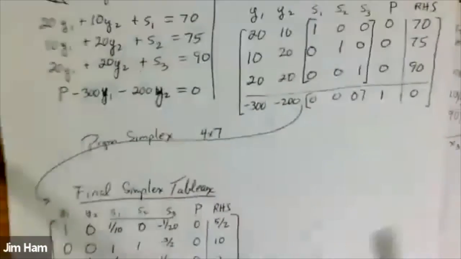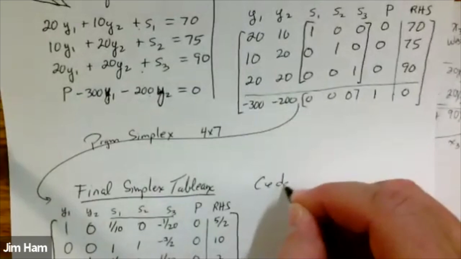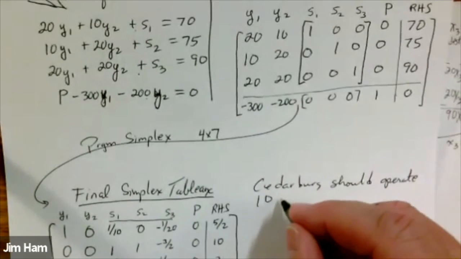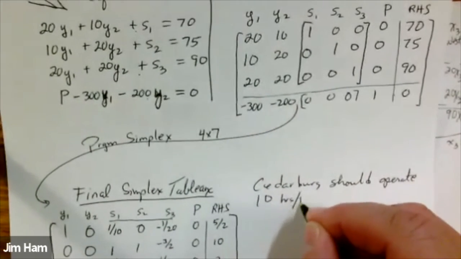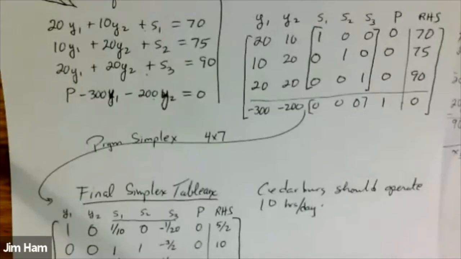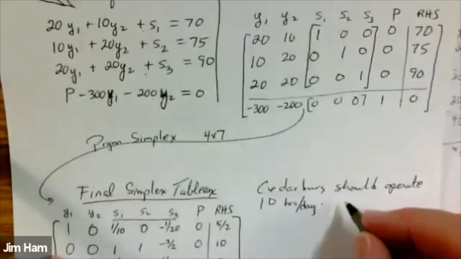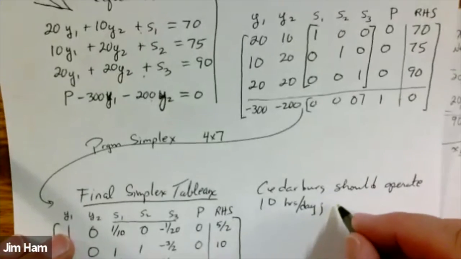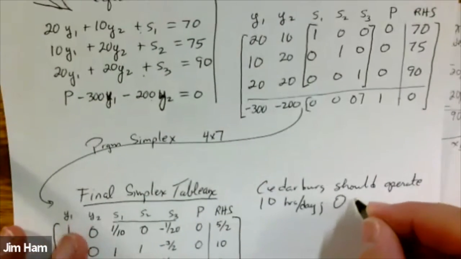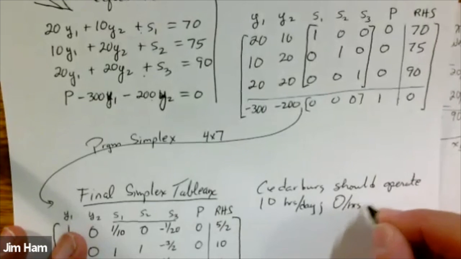So our answer is Cedarburg should operate x1, 10 hours per day. Looks like the people at Cedarburg are going to earn a little extra pay, a little overtime. The next one is Grafton, 0 hours per day.